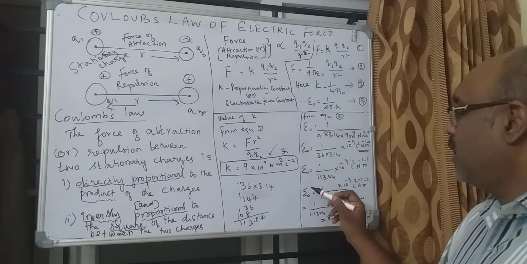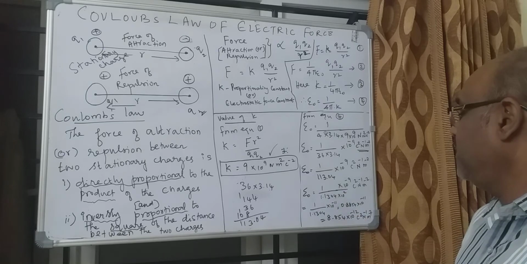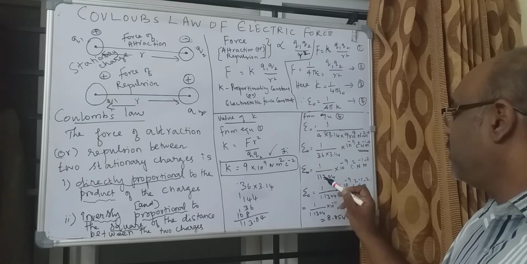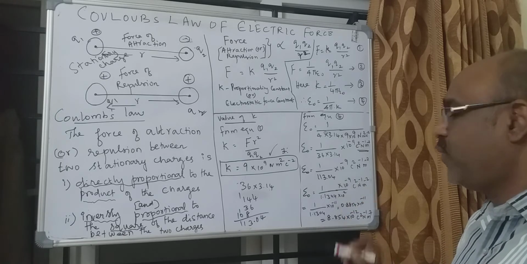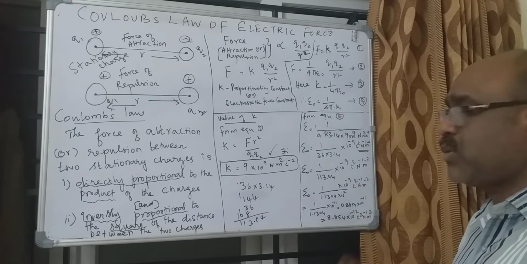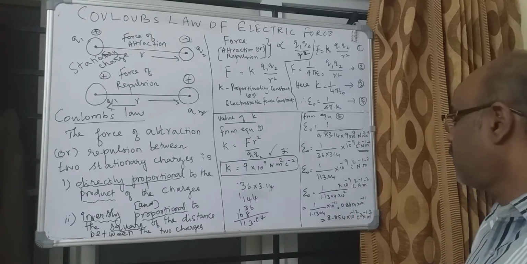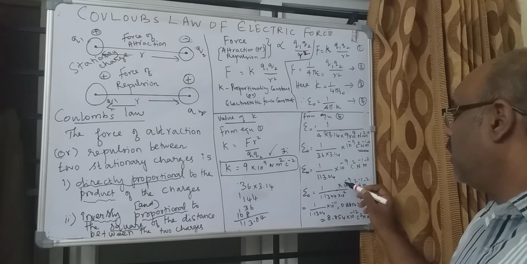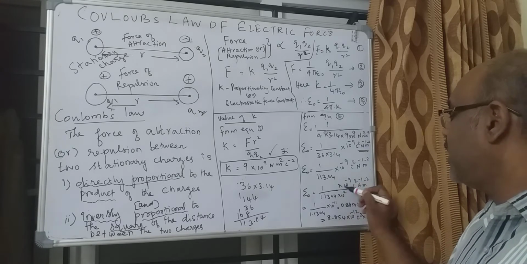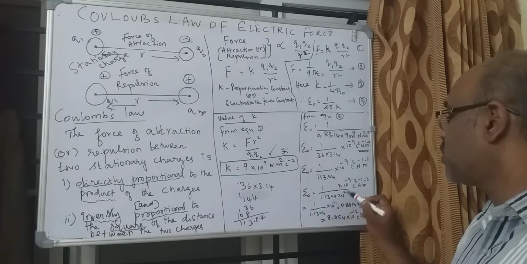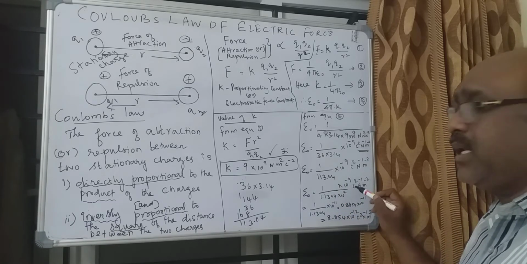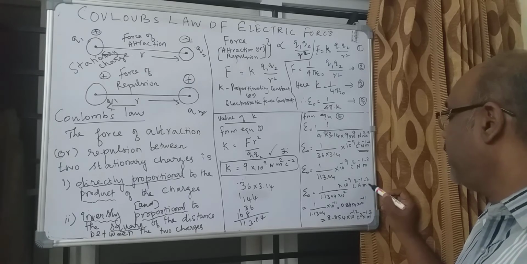Again, epsilon naught is equal to 1 divided by, so what I am doing is, I am making it as 1.1304 multiplied by 10 square into 10 to the power minus 9, 1 into 10 power minus 9 divided by 1.1304 into 10 square. Unit I am writing Coulomb square Newton minus 1 meter minus 2.